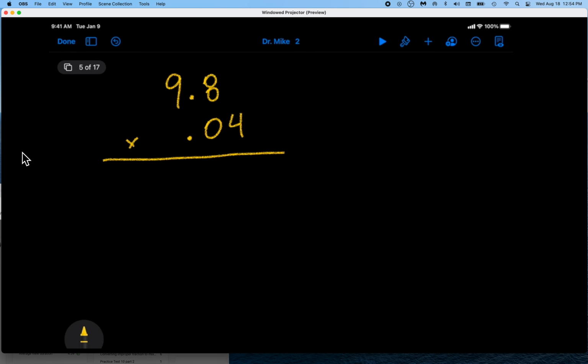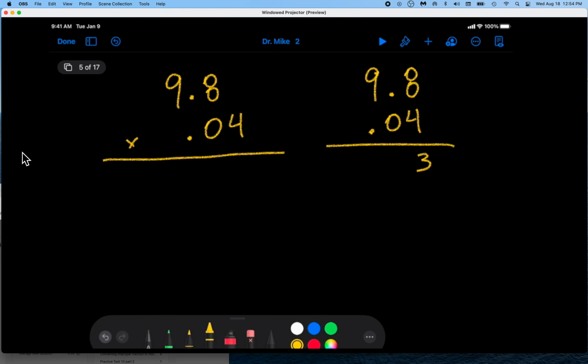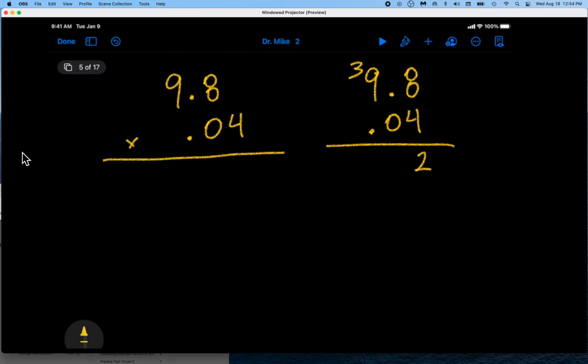Okay, so let's do that. Let's align these up a little better. Like so. Okay. 4 times 8 is 32. Whoops. Should be 2. 3 on top. 4 times 9 is 36, plus 3 is 39.